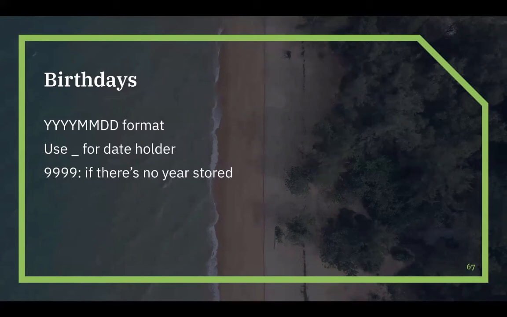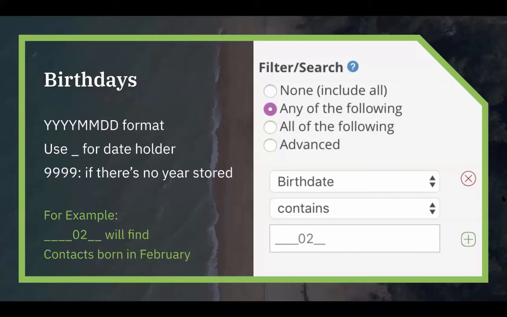And if there's no date stored in the contact's record, you can use 9999 to find that as well. So for example, if we're trying to find all the contacts in February, we do 4 underscores, 02 for February, and then 2 underscores. And it'll bring up a list of contacts that were born in that month.